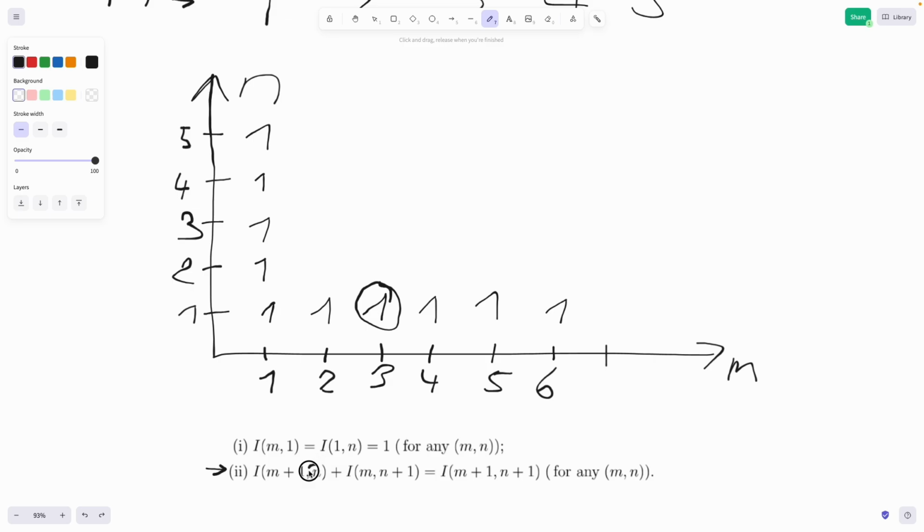And because the n here can be any value, if we set the m to 3, for example, we're going to take a look at the value that's to the right of it.